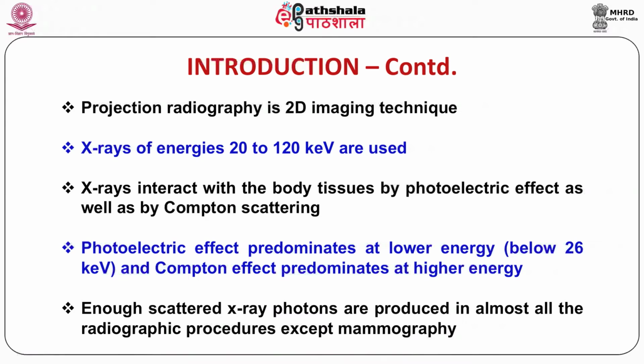The X-rays of energy over 35 keV are generally used for almost all the radiographic procedures except mammography, and hence enough scattered X-ray photons are produced in almost all the radiographic procedures except mammography.